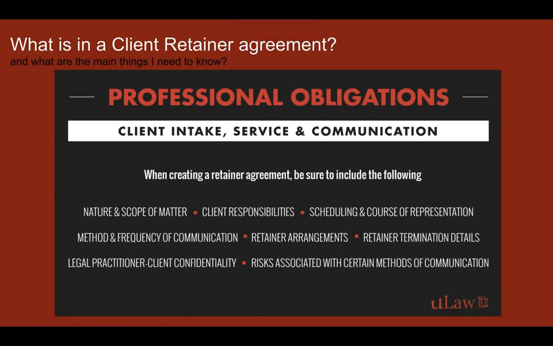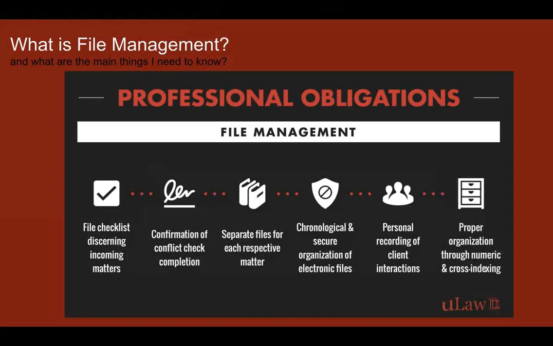Previously, when files were maintained in a physical format, we've all seen that the first page is more or less like an index where you have a nice checklist, and you would have seen a lot of check marks saying, okay, this file has a client intake form. It has the client's ID verification done.